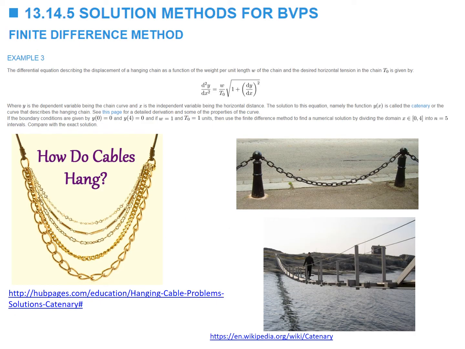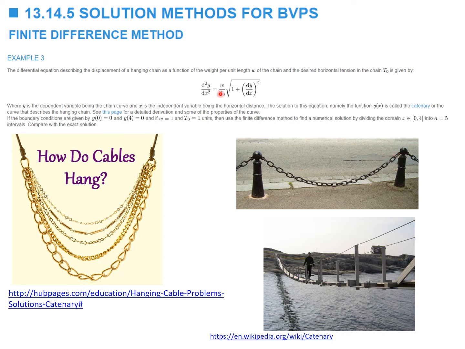The next example, I will be solving this example because it's an interesting differential equation. This differential equation gives the location y of a cable. So it's given as a differential equation, the second derivative of y with respect to x squared, where x is the distance between the two ends of the cable or the chain.